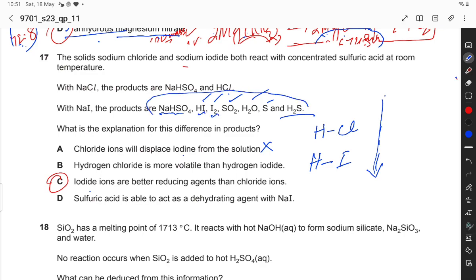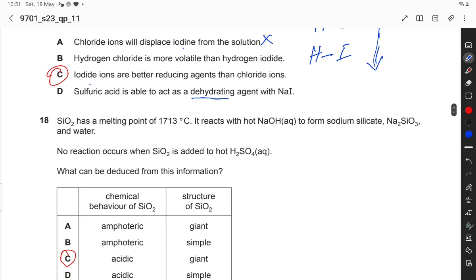All these products are possible with the iodide ions. Sulfuric acid is able to act as a dehydrating agent with sodium iodide. No, sulfuric acid is able to act as an oxidizing agent with sodium iodide.